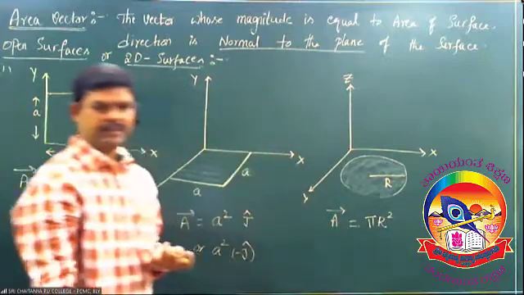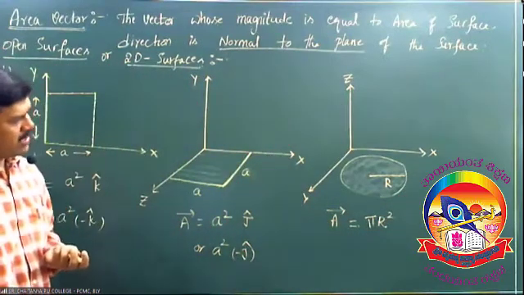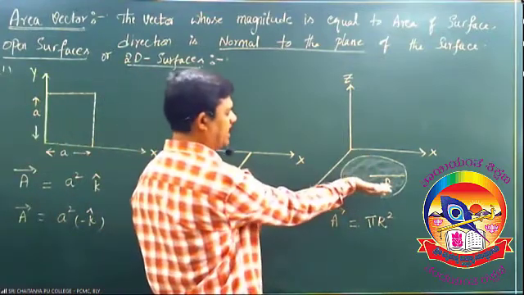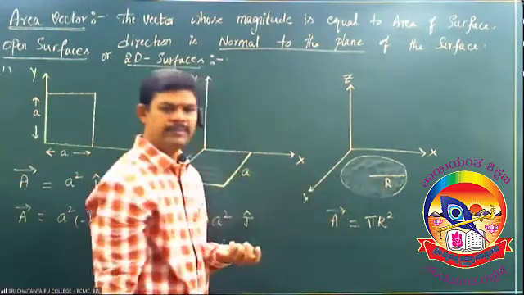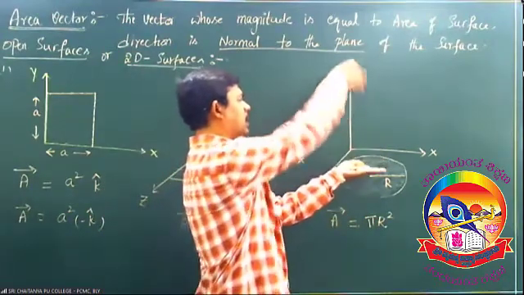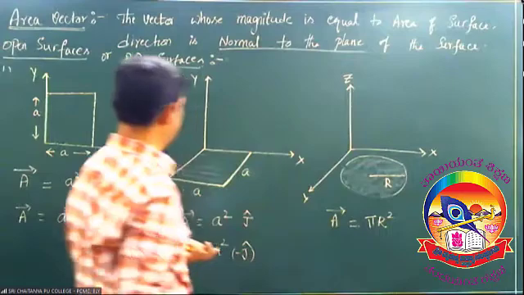is pi r square. Then what is the direction? We have to see in which plane it is. It is in the XY plane. Then what is the normal? Normal along the Z axis.